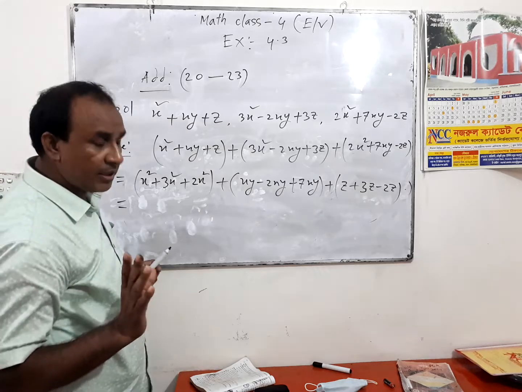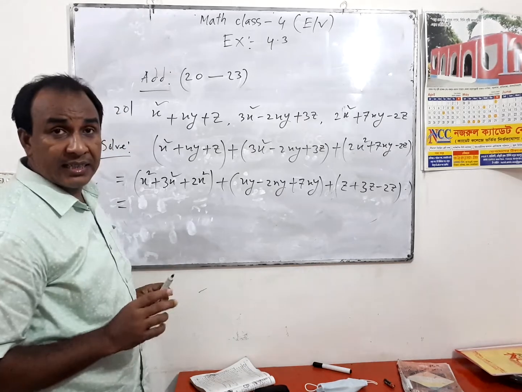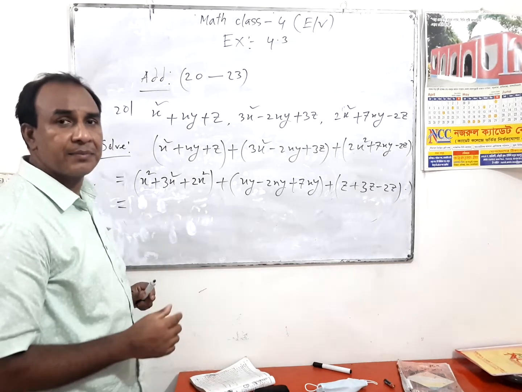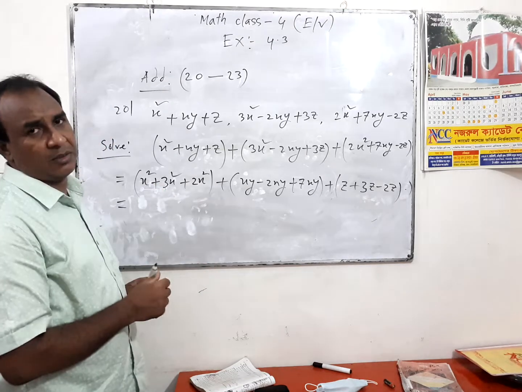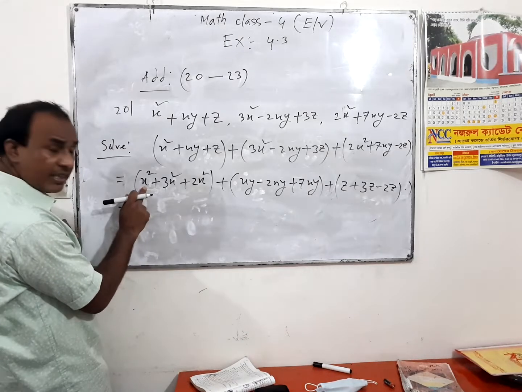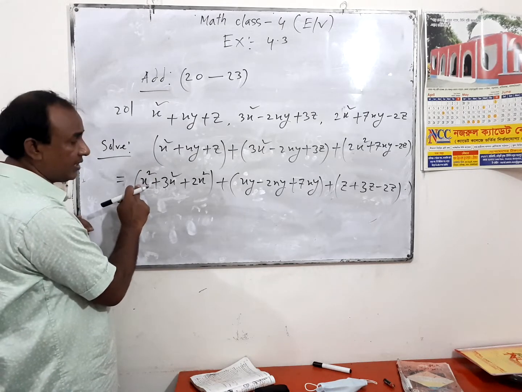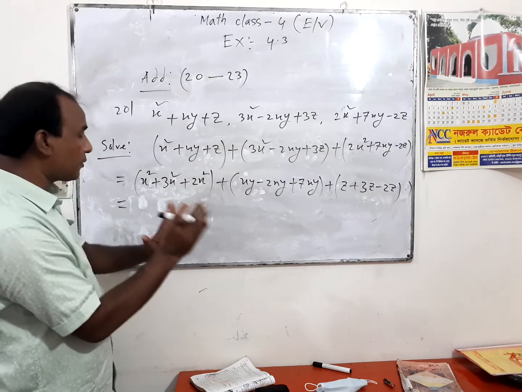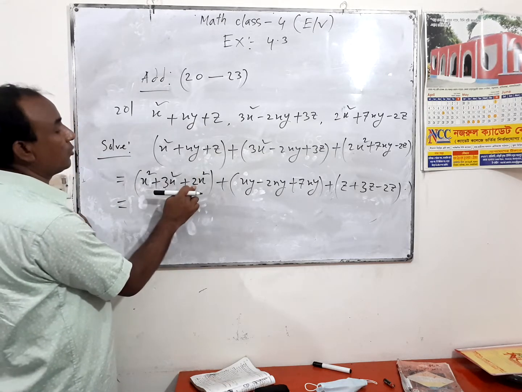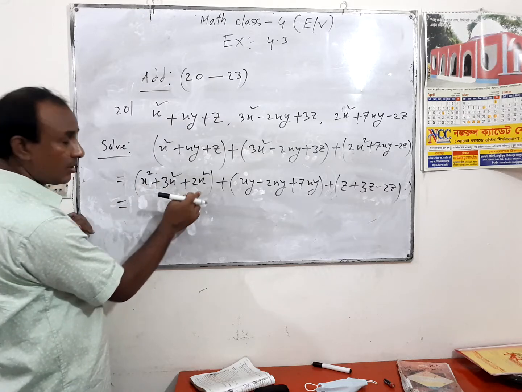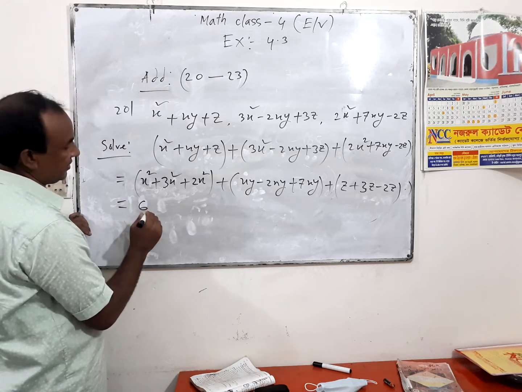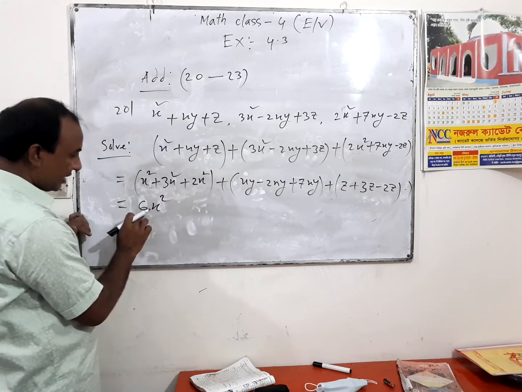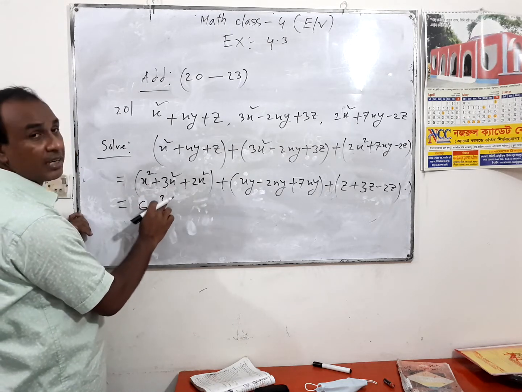Before, I told you guys, during addition and subtraction, we have to add only their numerical coefficients. So the numerical coefficient of x square is 1, another x square is 3, and another x square is 2. We just have to add 1, 3 and 2. 1, 3 and 2 is 6. So 6x square. Only x square we have to take.